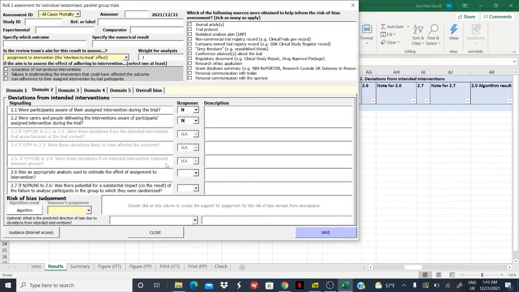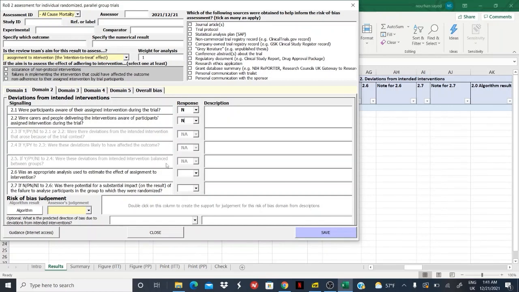The deviations were pretty different, right? Only 10% versus 90%. Now, an example of the opposite would be if, say, 50% in both arms went to seek CBT, right? And that would be an example where the deviations would be balanced between the two groups.